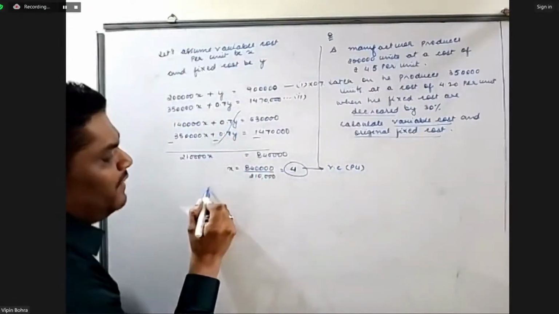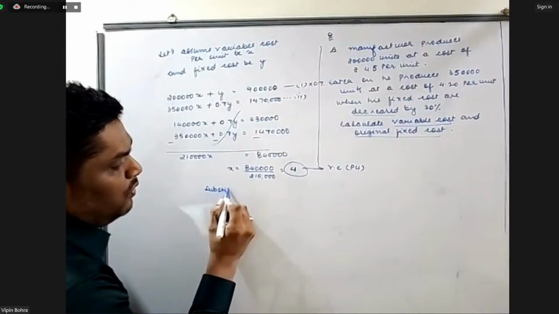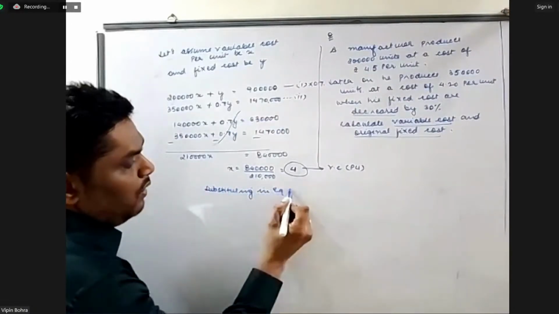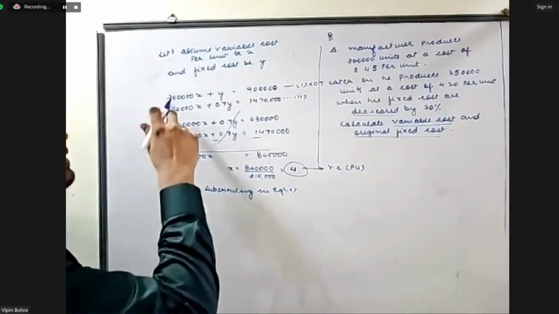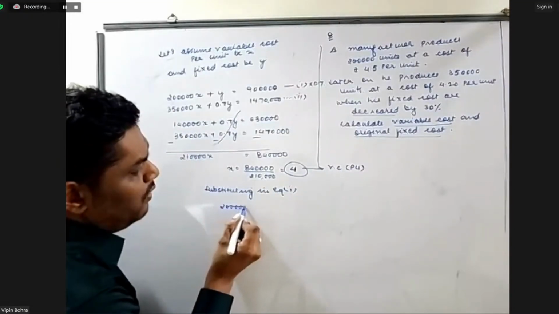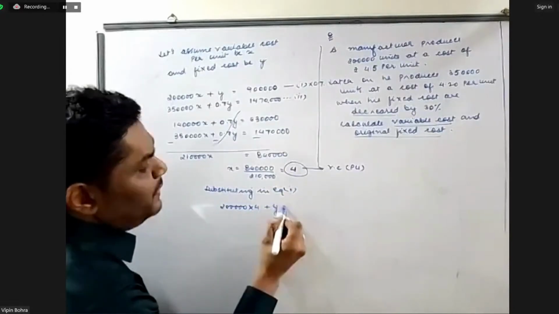Now let's put it in value equation, substituting in equation 1. So 2 lakh into X is 4 plus Y should be 9 lakh.